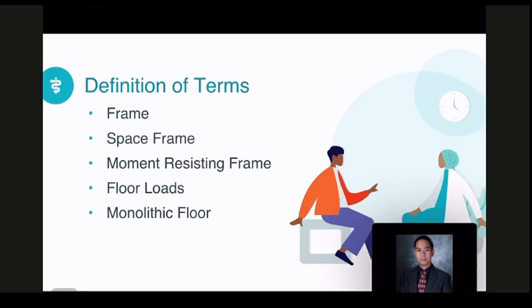What else? Monolithic floor. When we say monolithic floor, the pouring of girder and slab is continuous, simultaneously connected. So they act as one. That is why it is monolithic.